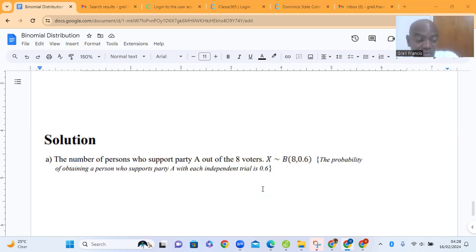So you either succeed in obtaining such a person, or you fail. So that's success or failure, 2 possible outcomes in any trial. That meets the criteria for binomial distribution, and that's how it can be expressed in notational form.